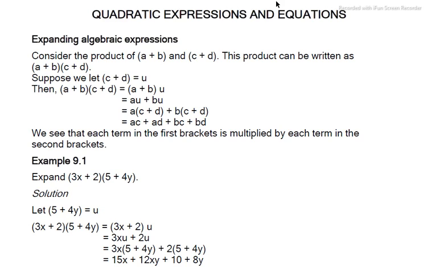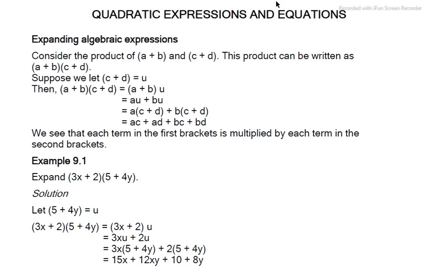Then the figure outside multiplies each term inside, so that we get ac + ad + bc + bd. So that is how we expand the brackets.